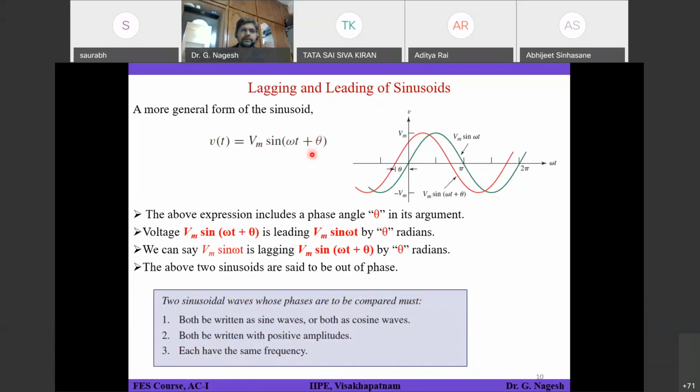To understand that, we will consider two sinusoidal voltage waveforms: one is Vm sin of omega t plus theta, and another one is Vm sin of omega t, as shown in the figure. This is Vm sin of omega t, the green line. If you want Vm sin of omega t plus theta, we should shift the sinusoidal waveform by theta degrees in the forward direction, in this fashion.